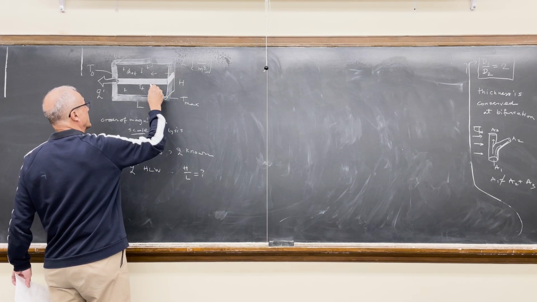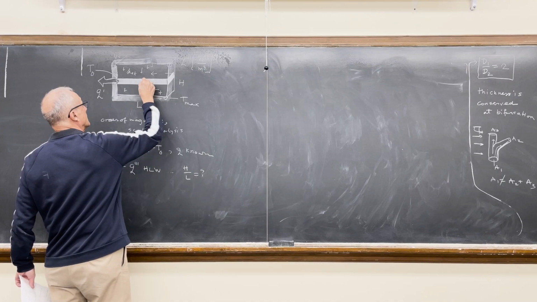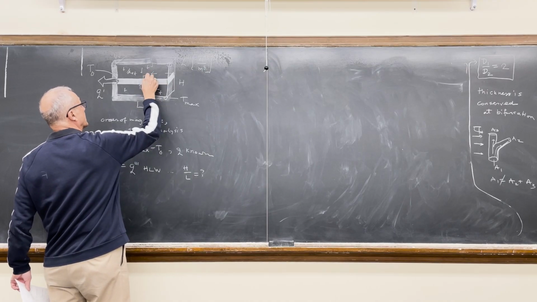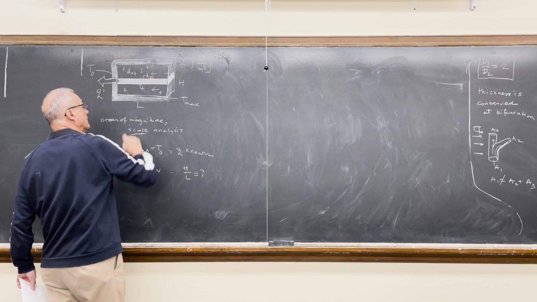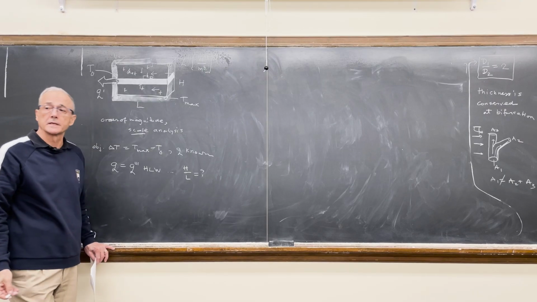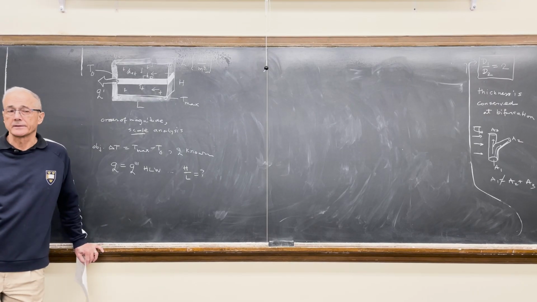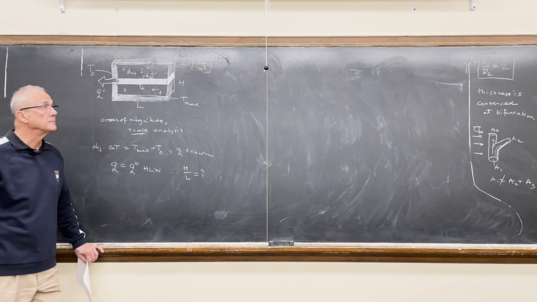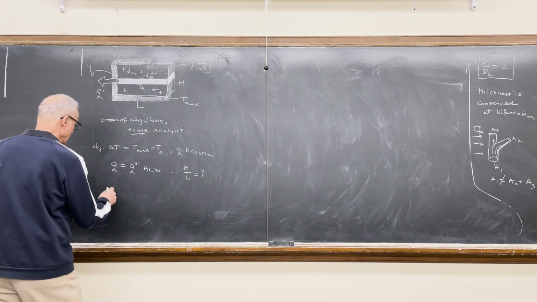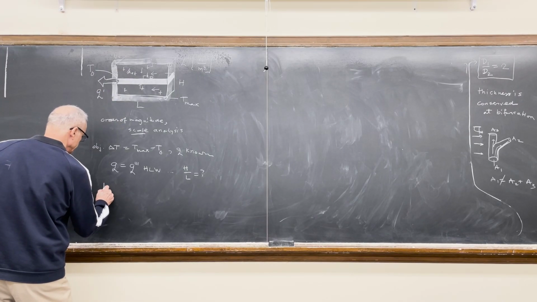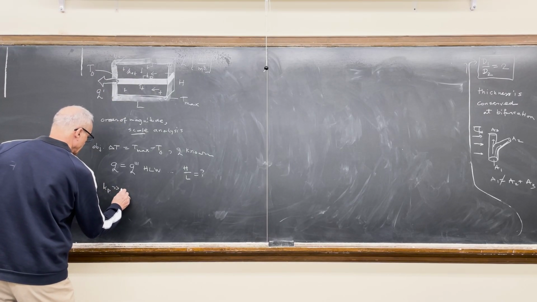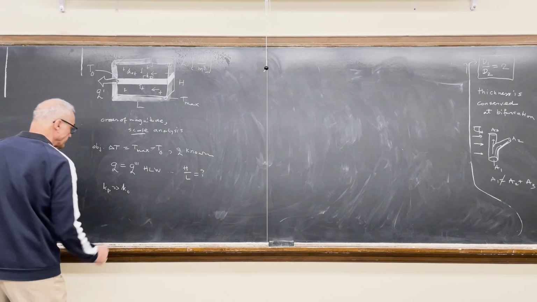This blade has a much higher conductivity, I call it in the book, K sub P, from the conductivity of the path that collects the heat current. So K sub P is much greater than K0.